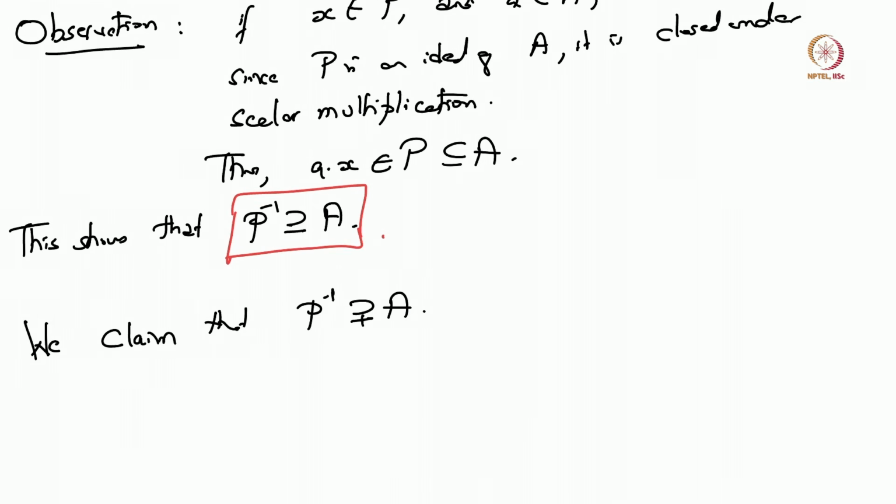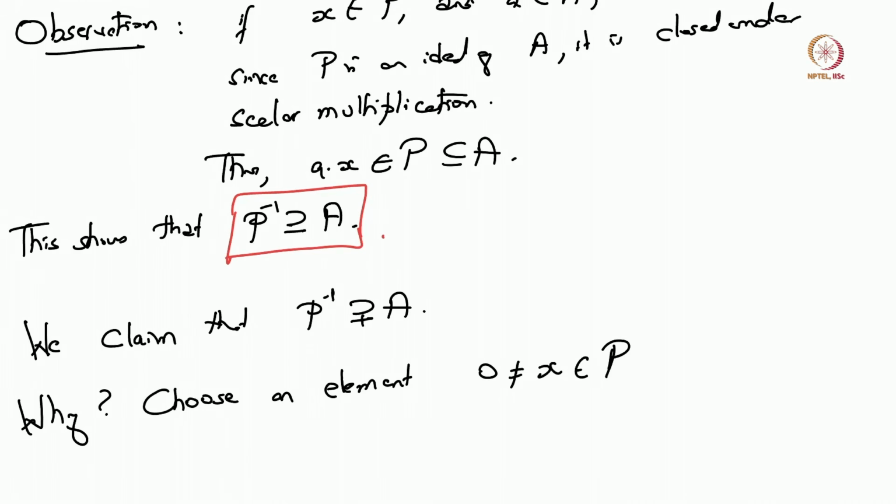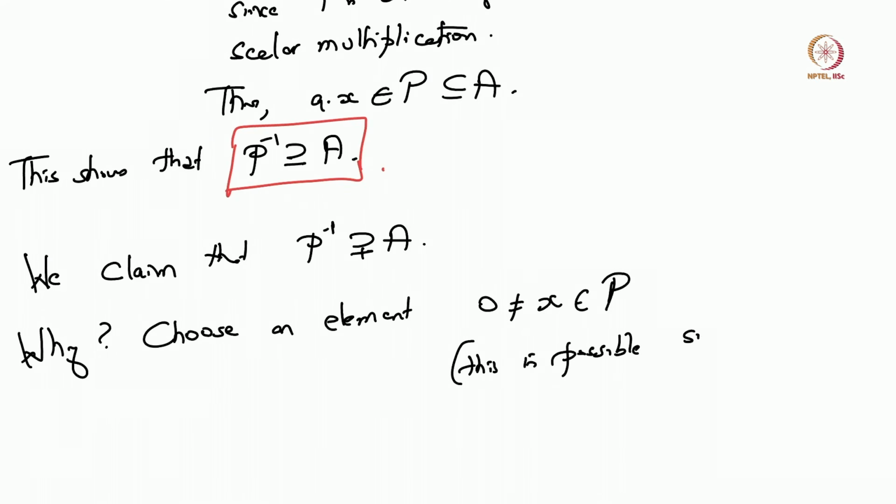Okay, and so why? So you first choose an element x that's not 0, that's in P. Okay, so this is possible since P is chosen to be a non-zero prime ideal.